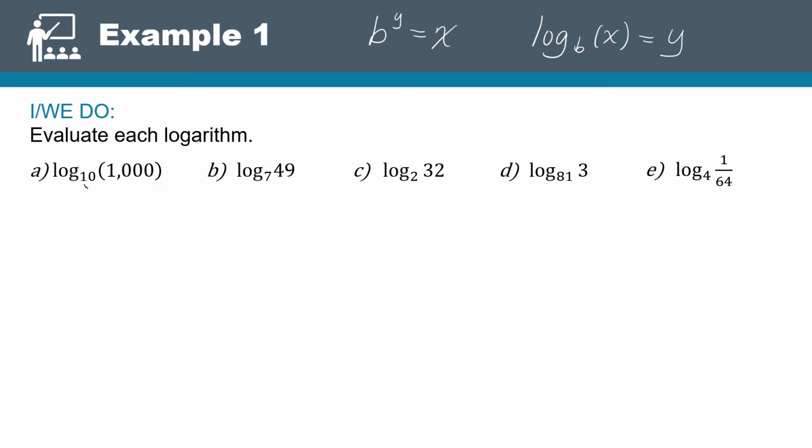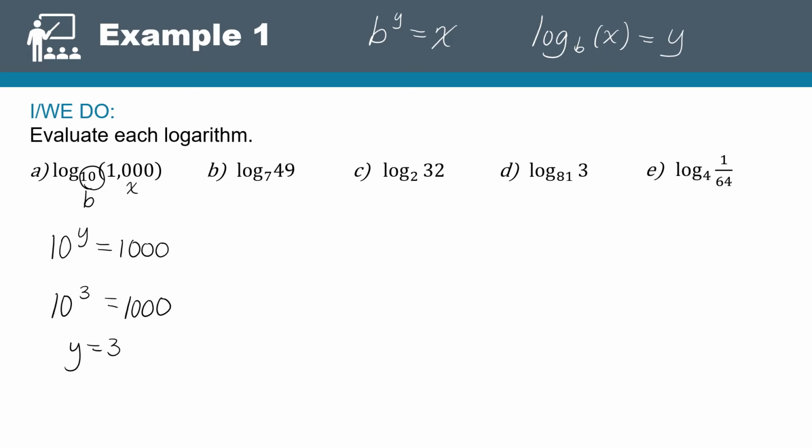So our base is 10. The 1,000 is our x. So we're going to have 10 to the y power equals 1,000. So 10 to what power equals 1,000? 10 to the third power equals 1,000. So y equals 3.